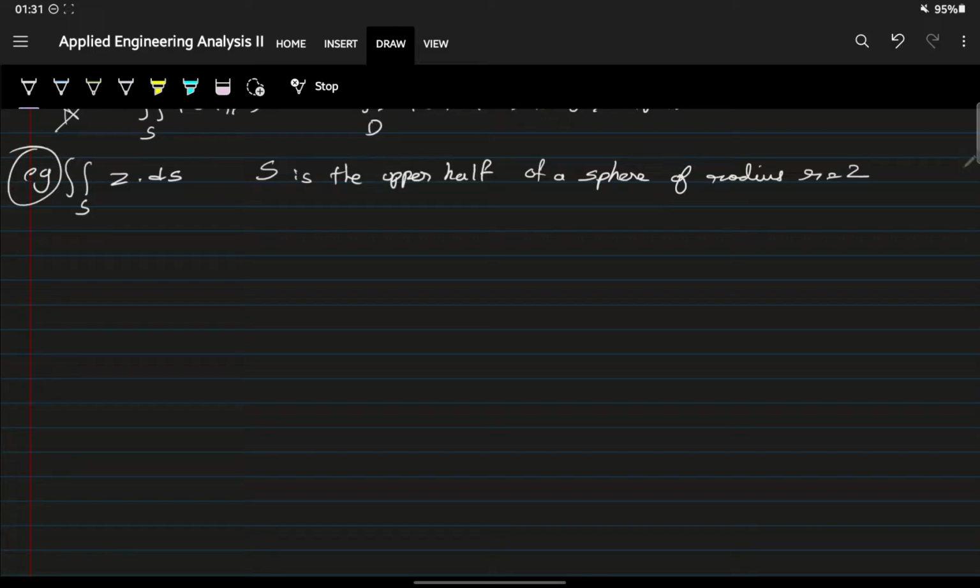So here we have this example. We need to find the surface integral of z dS, where S is the upper half of a sphere with a radius of r.